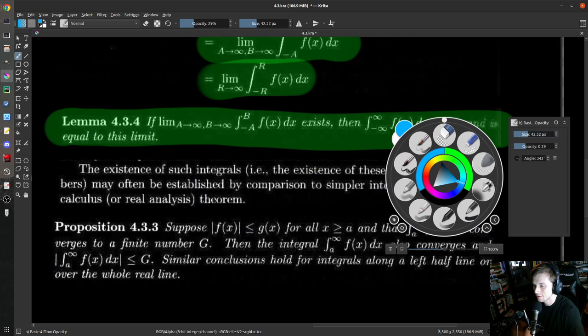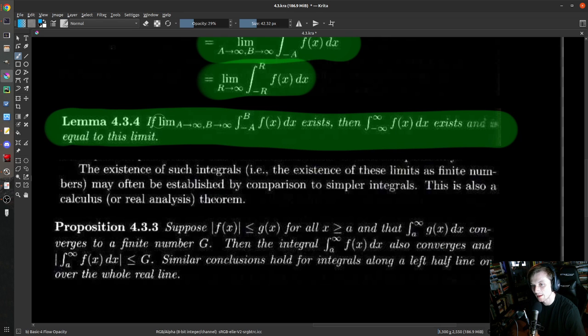If the limit as a goes to infinity and b goes to infinity of the integral from minus a to b of f of x dx exists, then the improper integral on the entire real line of f of x exists and is equal to that limit. So, okay. But remember, this has to exist for this to exist, right? So be careful on that.